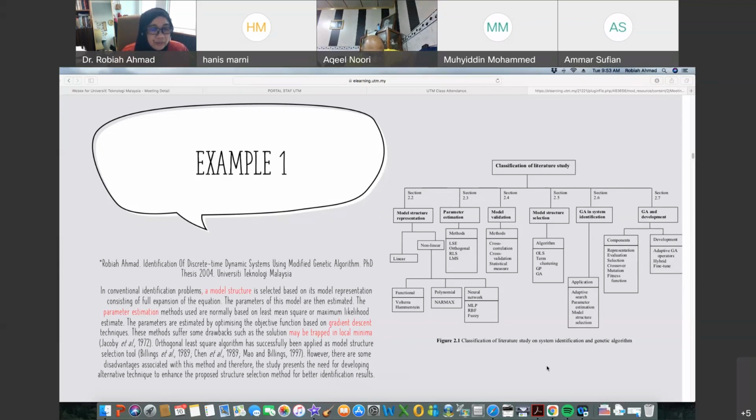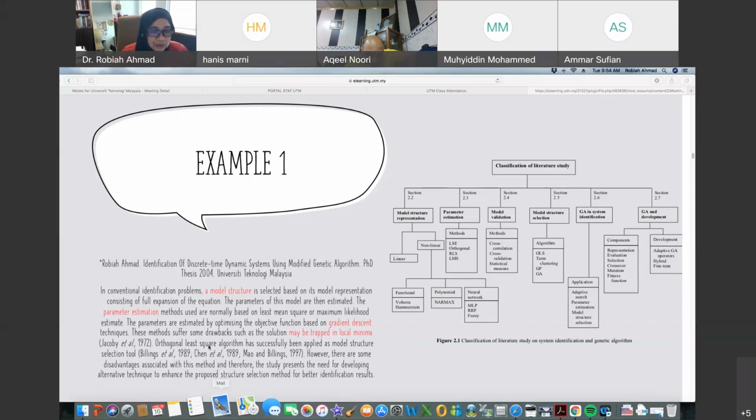And then the parameters are estimated by optimizing the objective function based on gradient descent technique. So this is the technique used in most parameter estimation methods.